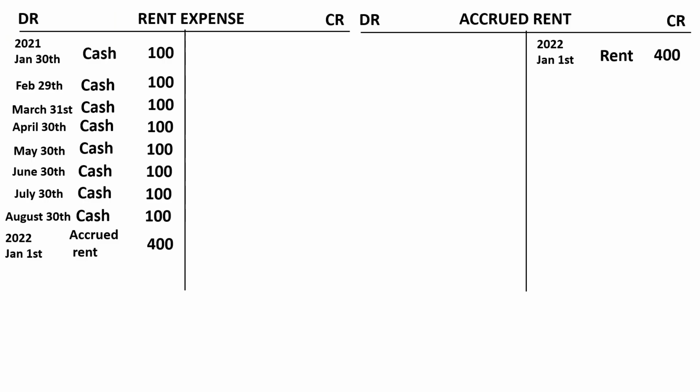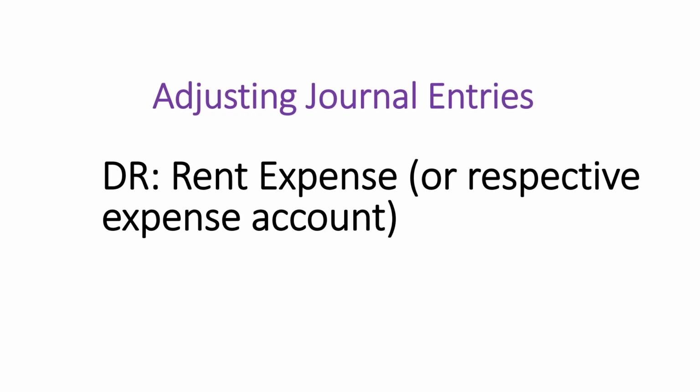So in a nutshell, this is how we handle the double entry relating to accrued expenses. We shall go ahead and debit the respective expense account. It could be accrued rent, accrued salaries, accrued whatever. As we debit the respective expense account, we create an account called an accrued expense account.